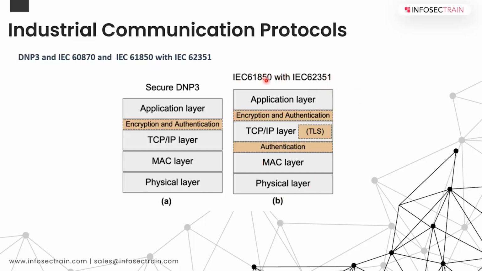So 61850 is predominantly used worldwide, even in India as well, especially in the power sector for information transmission and so on. 61850 is also known for its unsecure aspects. So that's where this IEC 62351 was developed. And when you implement 61850 with 62351, it goes a long way in improving the security aspects.